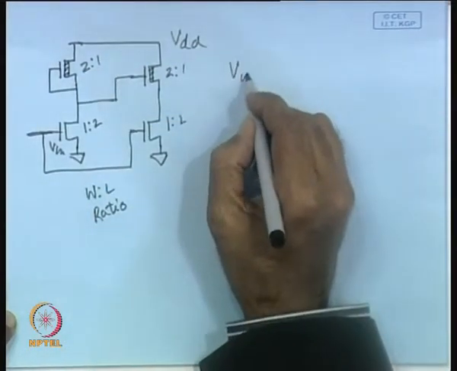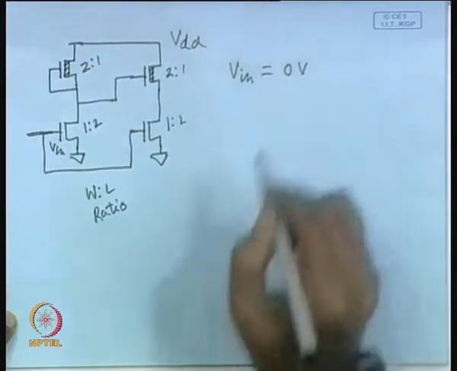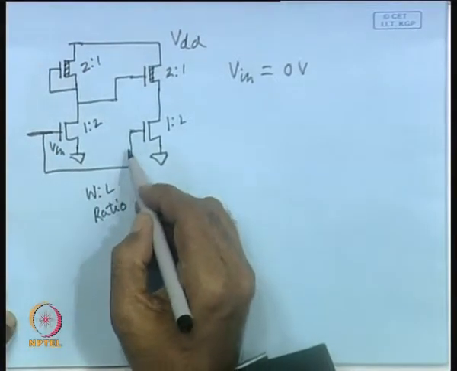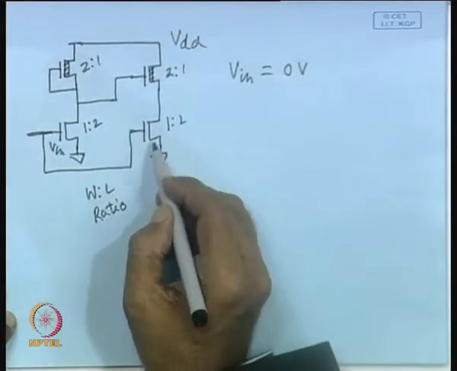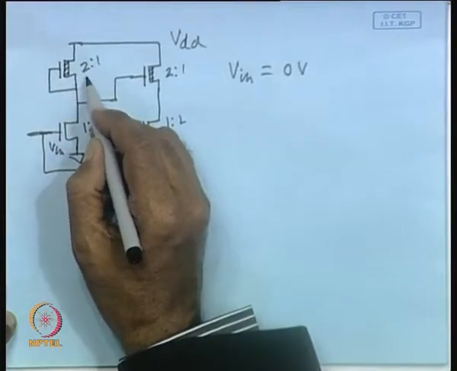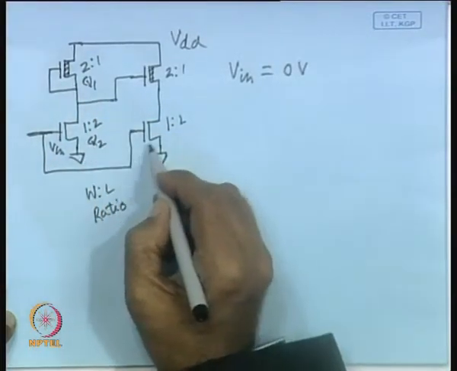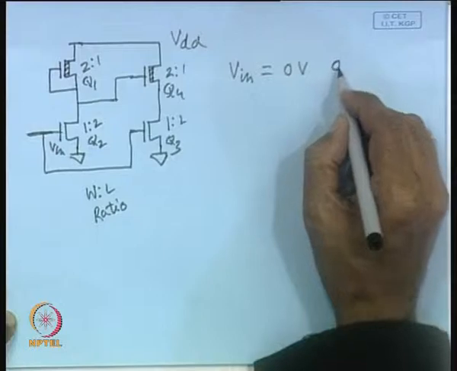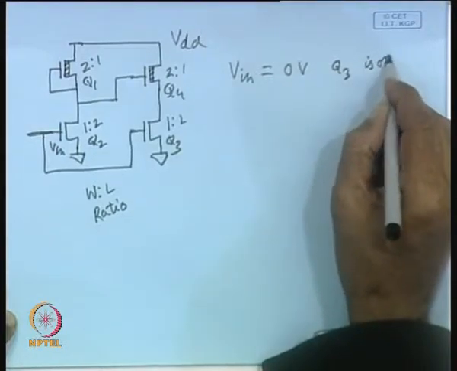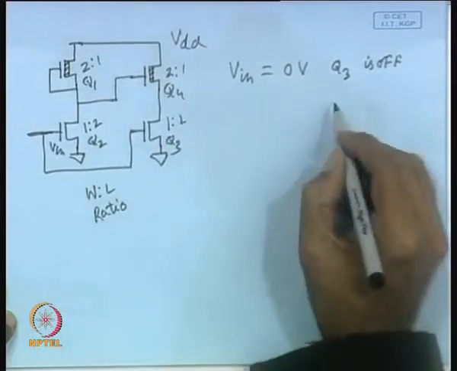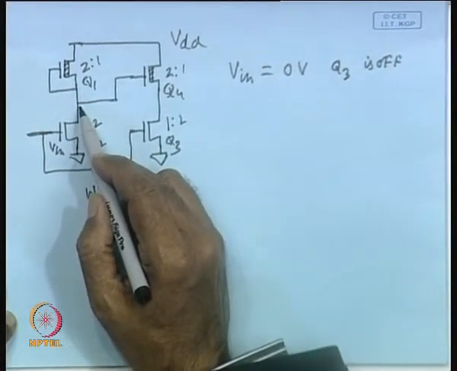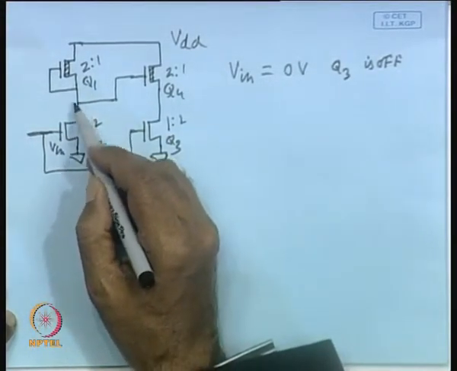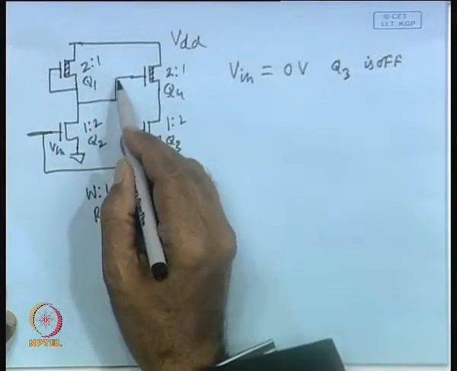Let us assume your input voltage is equal to 0 volt. When the input voltage is 0 volt, what will happen? This particular input will be 0. Let me write down the transistors: Q1, Q2, this is Q3 and this is Q4. So, in this case Q3 is off. What about Q4? This input is 0, as a consequence this transistor is off, and obviously here you shall get large drive to this transistor.